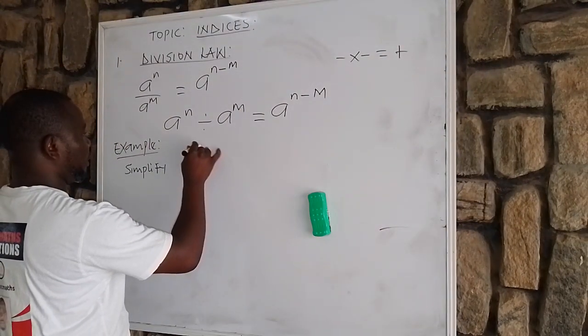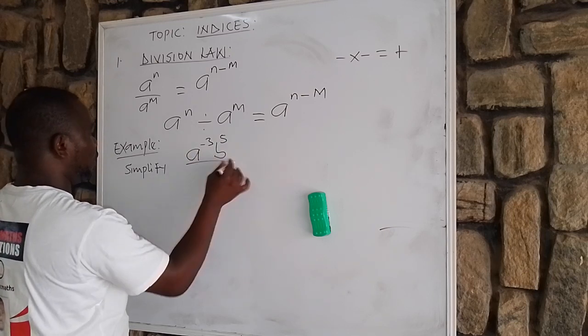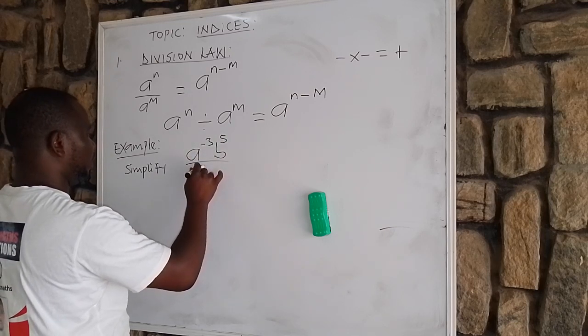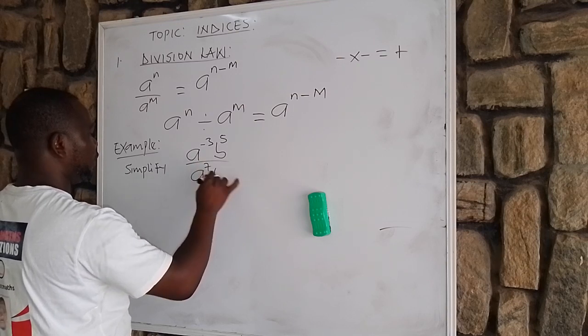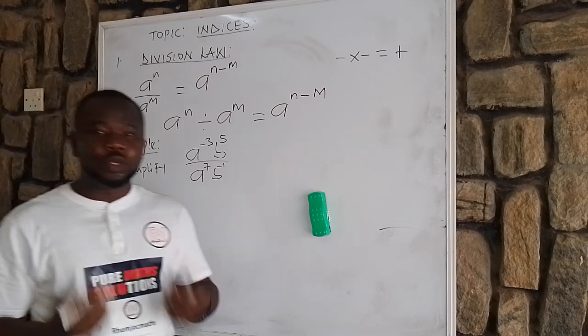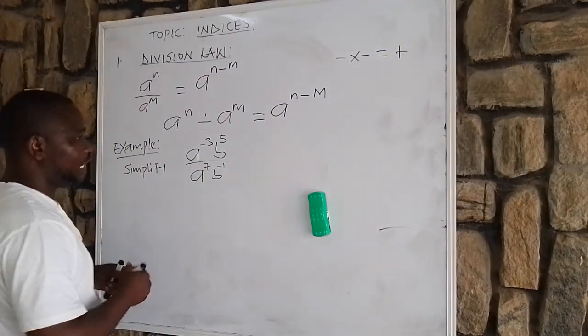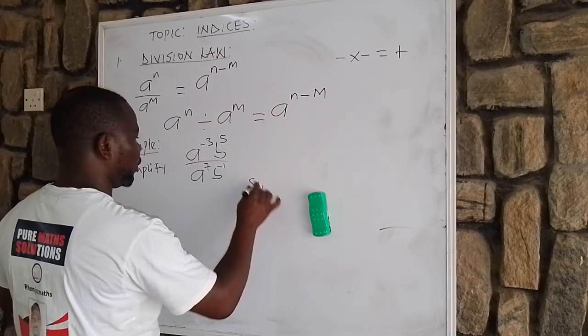A raised to the powers of minus 3, b raised to the power 5, all over a raised to the power 7, then b raised to the power minus 1. It's the same approach you will use. Is that clear? You will apply the same method. It's simple as ABC. Let's write the solution.